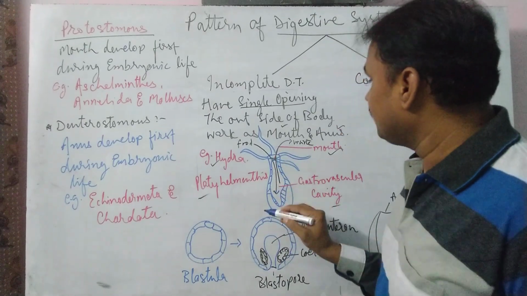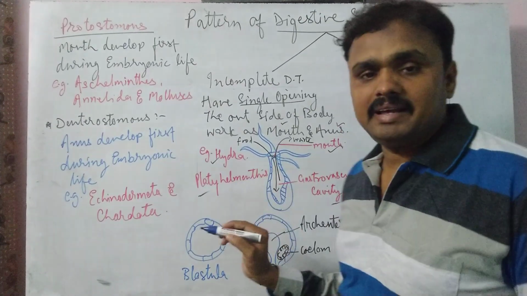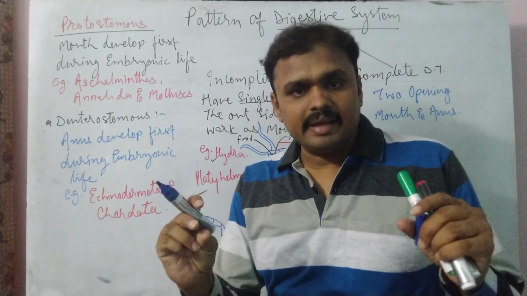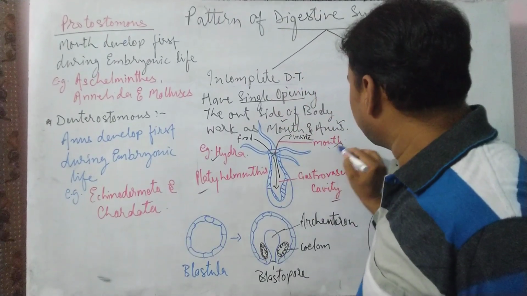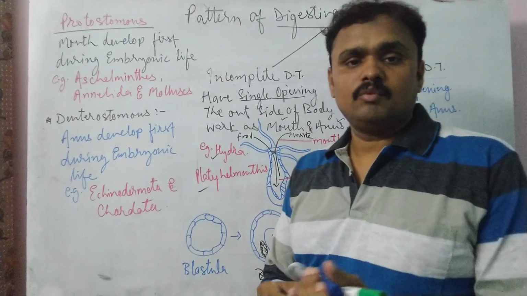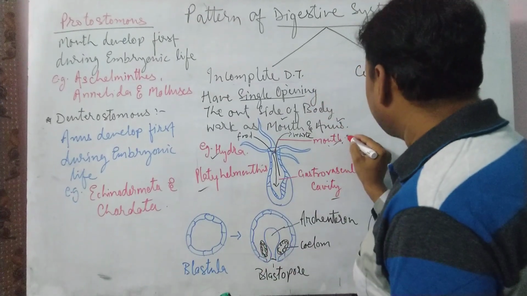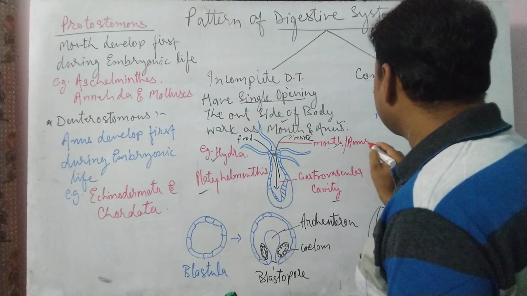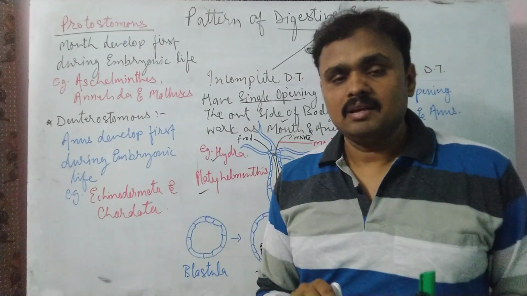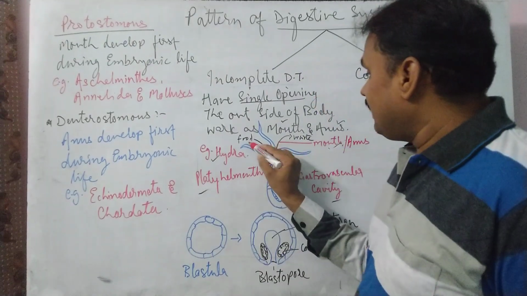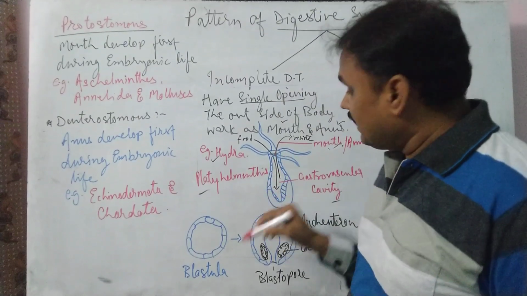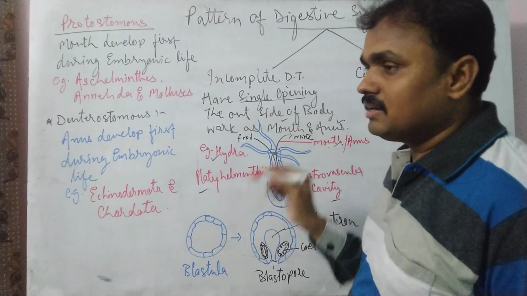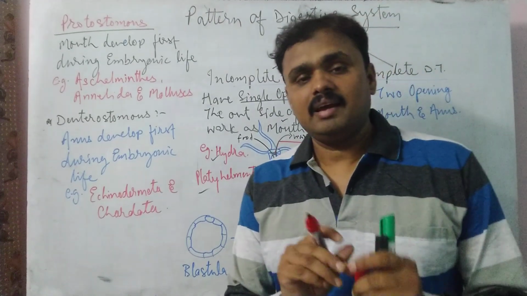Animals like hydra and Platyhelminthes have one tube-like structure and only one opening, which we call the mouth, and we can call it the anus too. Why anus? Because they ingest the food from the same mouth, and they also throw out the waste. That is why we call it the anus.